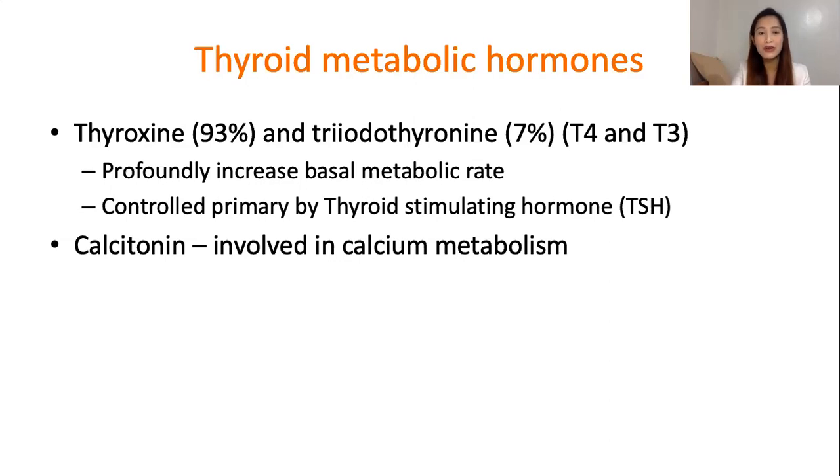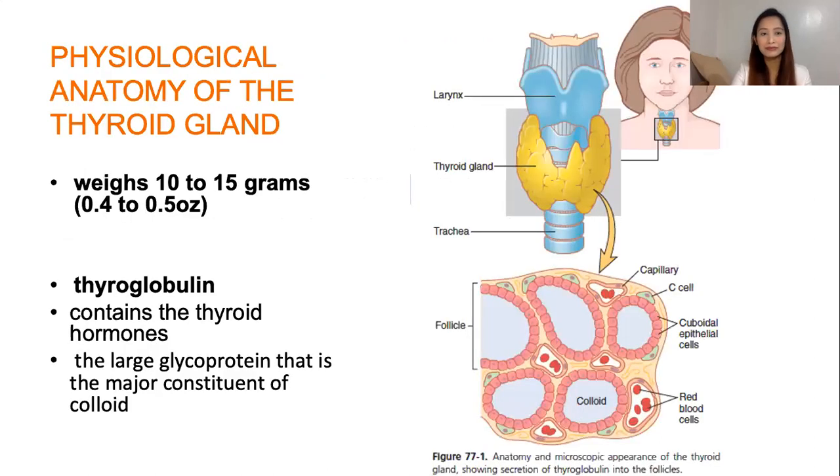The majority is T4, which is about 93% of the hormones produced by the thyroid. They both profoundly increase the basal metabolic rate, and the major regulator is your thyroid stimulating hormone from the pituitary gland, which is your master gland.